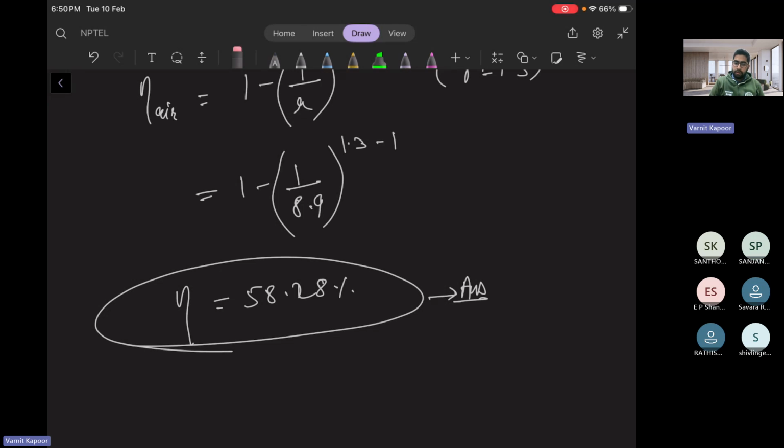Now is it matching? Yes, sir. I had used 1.4 only. It is matching 58.28 with 1.4, right? Yes, then it will be 58.28. Yes, sir. Okay. All right. Any doubts to anyone else?